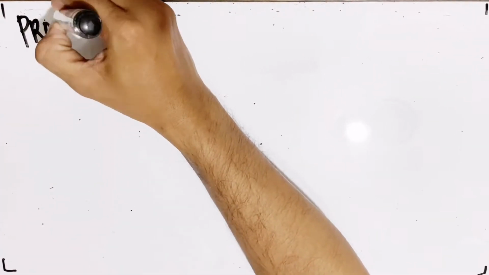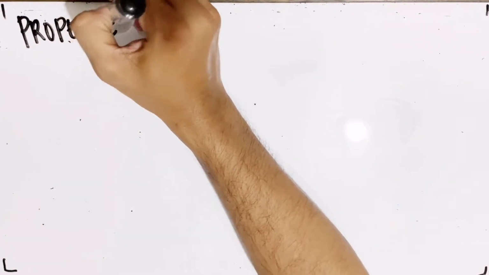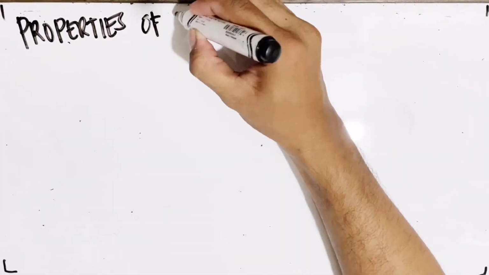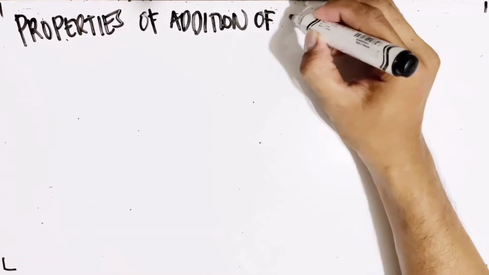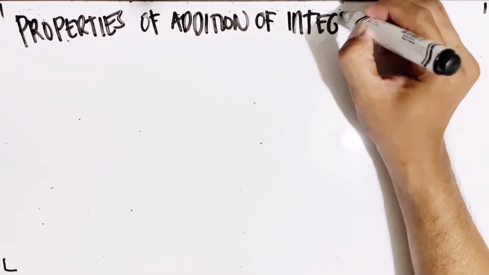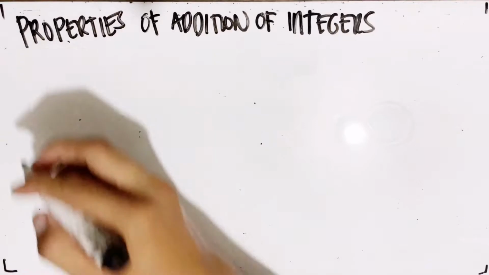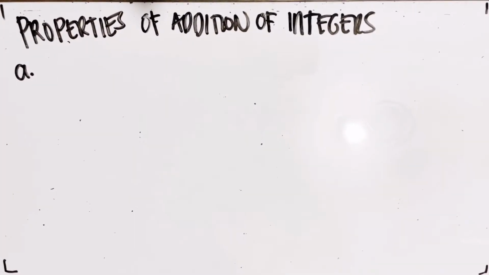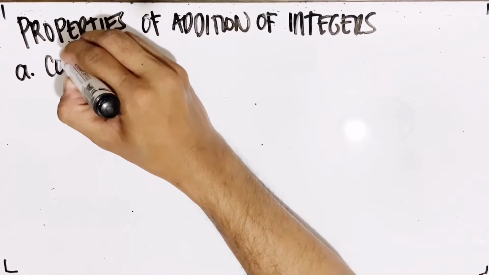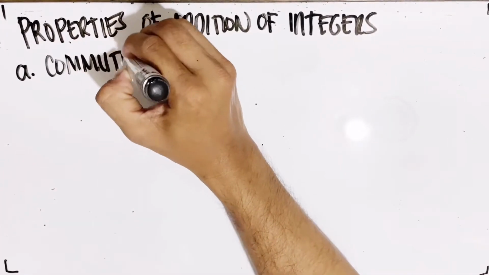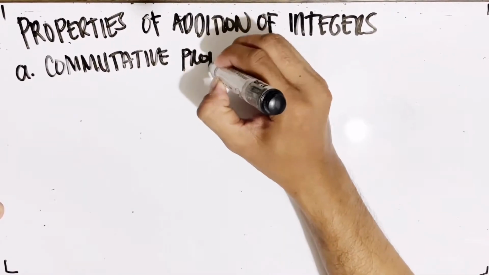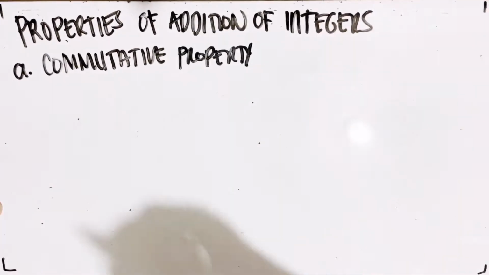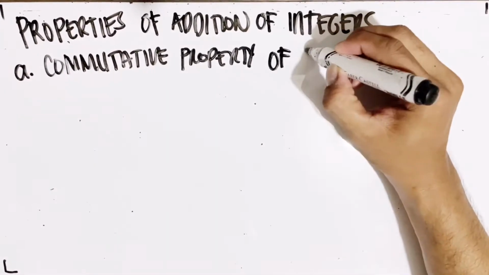Let's focus on the properties of addition of integers. And the first property is the commutative property of addition.